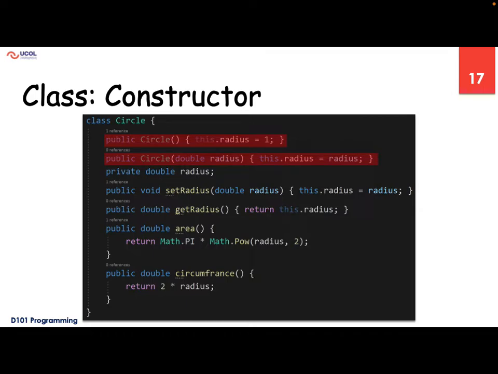The first radius is actually the field, and the second radius is actually coming as an input. So you can remove the this, but that will confuse you, because the names are the same. So just to differentiate, this.radius means we are talking about the field within the class, and the other radius, the second part, is coming as a parameter. Okay, and then again the rest is the same.